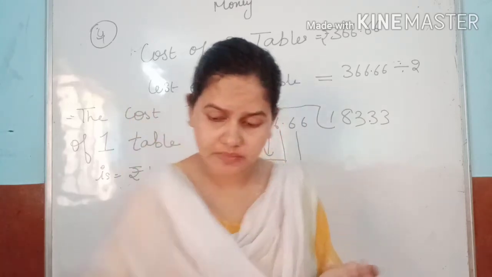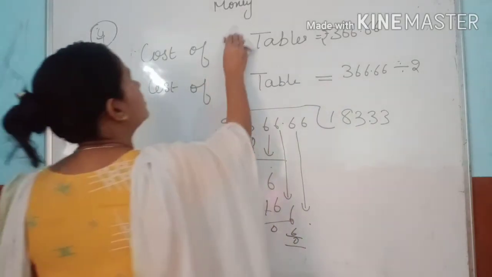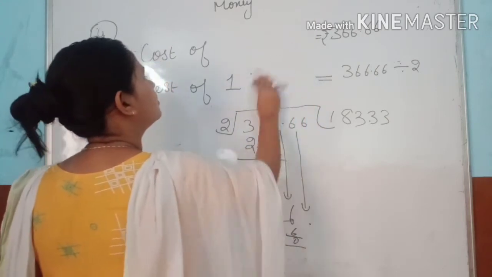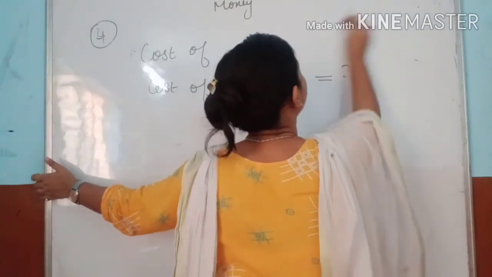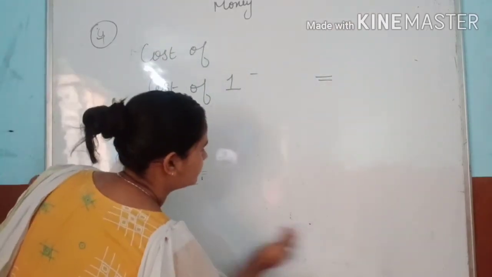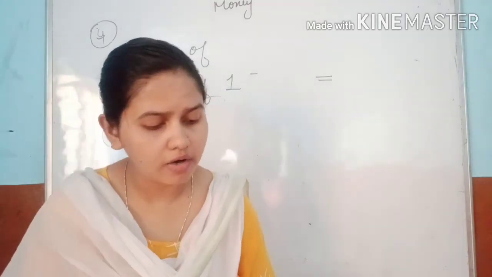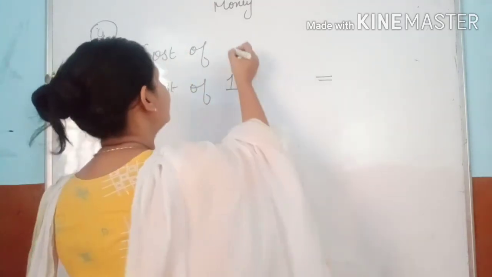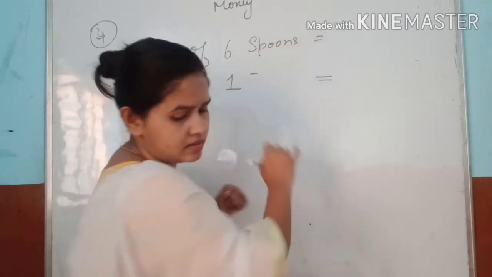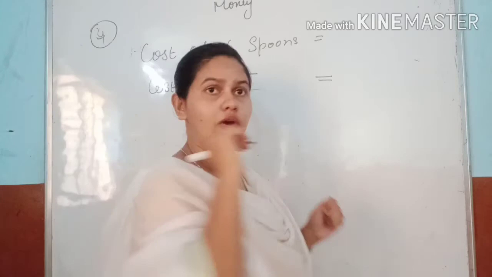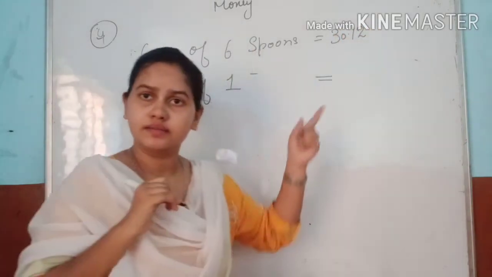So let's find out. Cost of 6 spoons, we know how much it is. That is 30.12 paise. Okay, done.